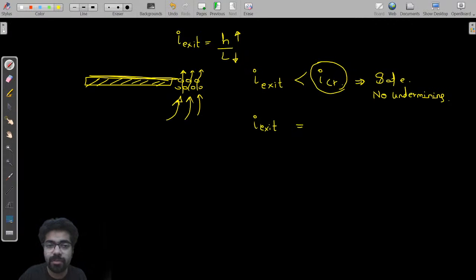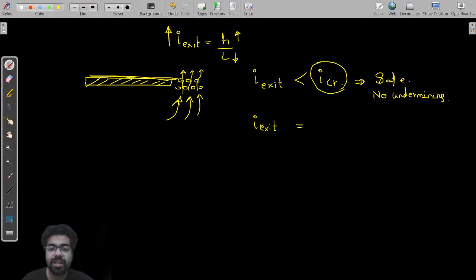If the head difference is more and it changes over a very small length, then obviously your exit gradient, or simply hydraulic gradient, will be very high, and the force will also be high. If the difference in water level is more, water will rush very fast. Then the gradient will be very high, and it will apply more force.